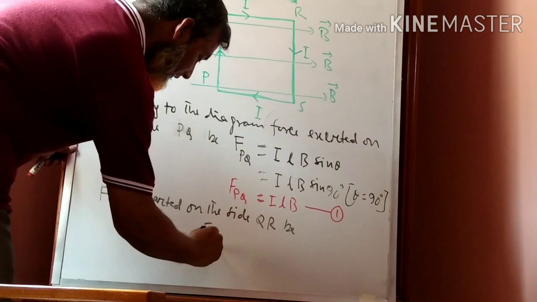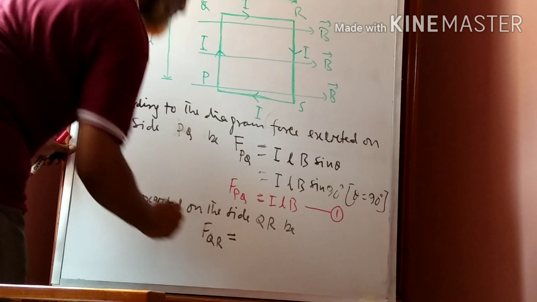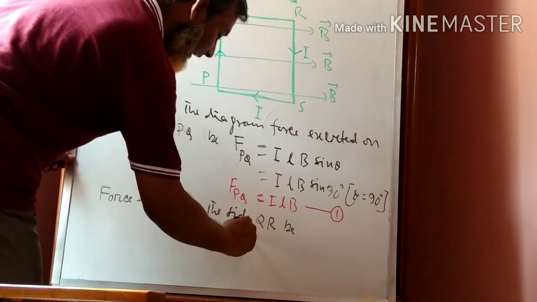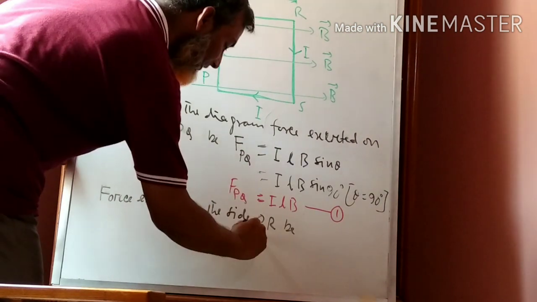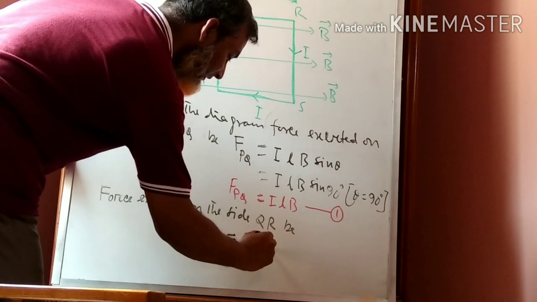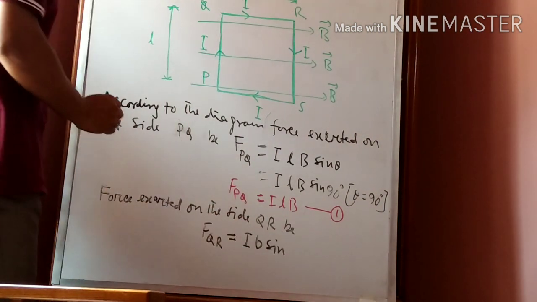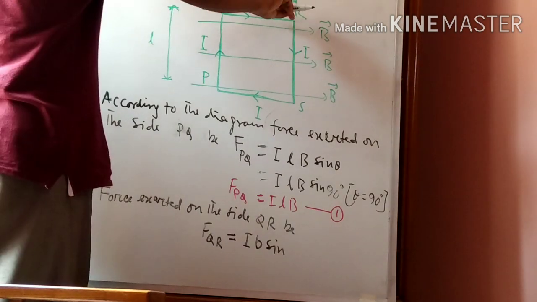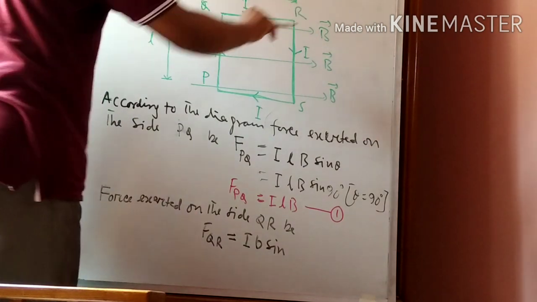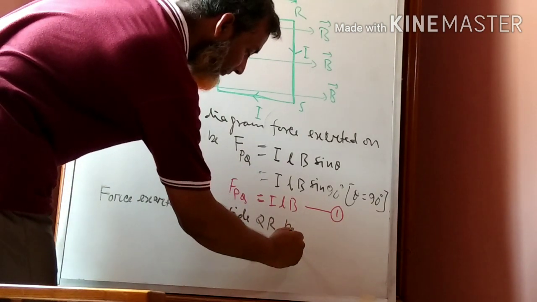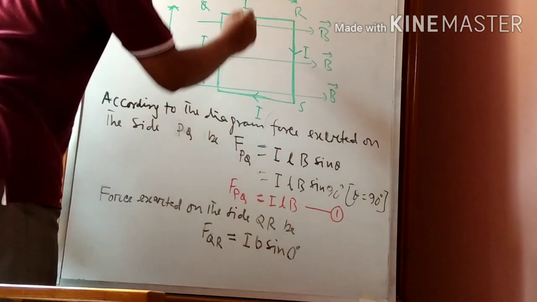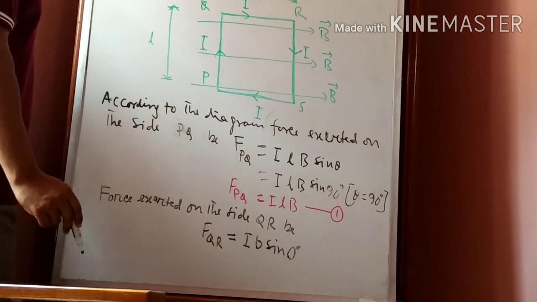F QR equals to, now again flow of current is I, and now the length of this side is b. Then you see sine of theta. Now you see flow of current and magnetic field are in the same direction, so the angle is 0. Angle between I and B is 0.